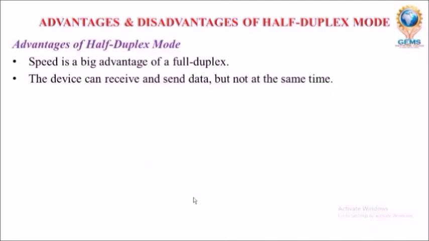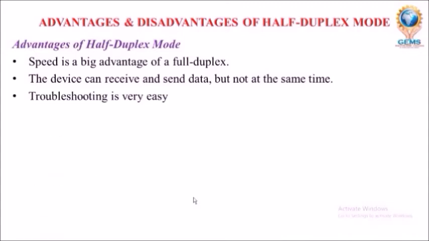A device, meaning a workstation, can send some data or receive some data, but both activities will not be performed at a time, right? A workstation will behave as sender and receiver both, but differently at different times, correct?